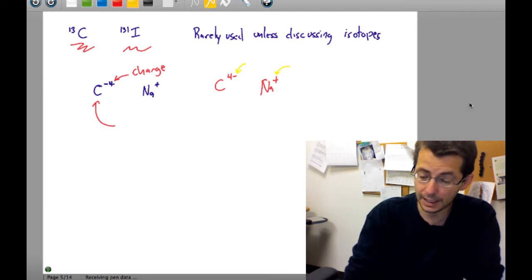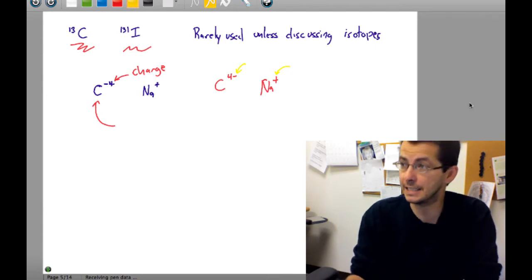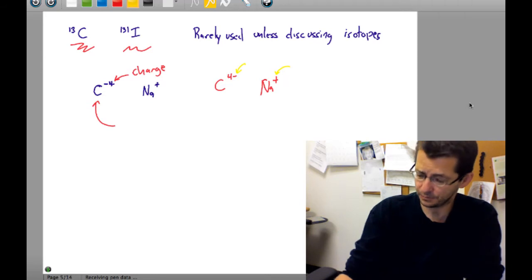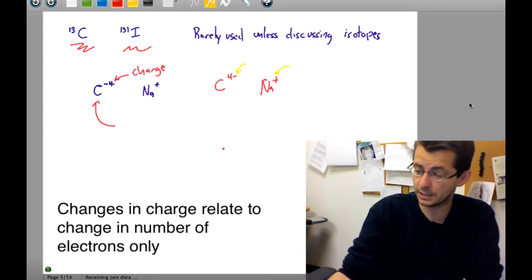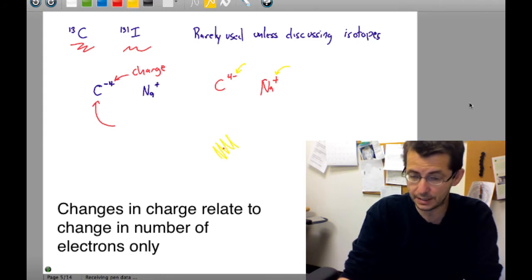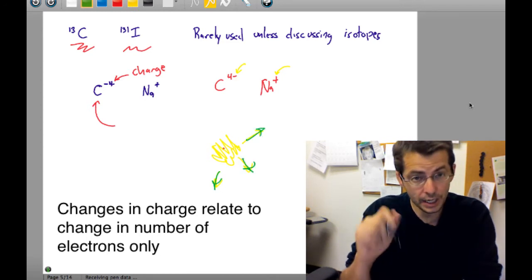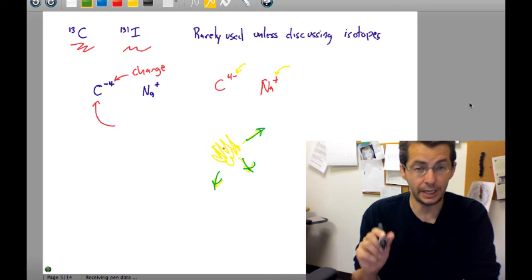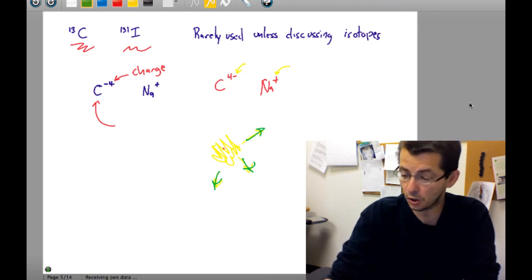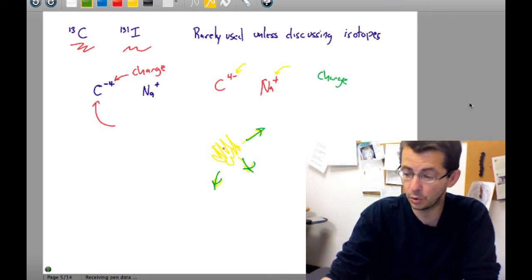What this implies is that the material has gained 4 electrons. Remember, the central portion is the nucleus, and the electrons are distributed around the outside. So any changes that take place have to come from the electrons. If you start changing the protons, that changes the element. So charge is the sole provenance of the electrons.